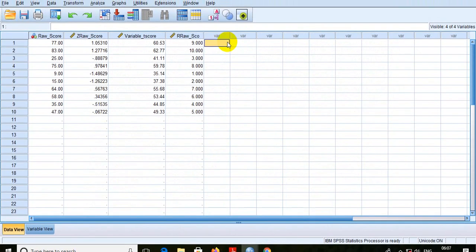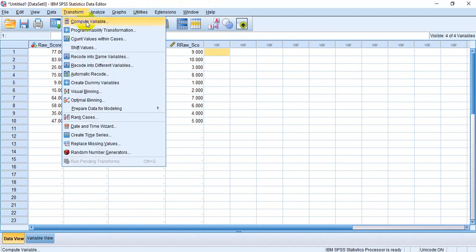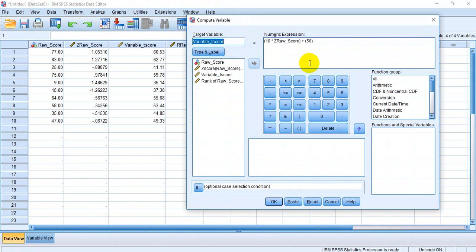And then we study the last one. We see Compute Variable. You see percentile.